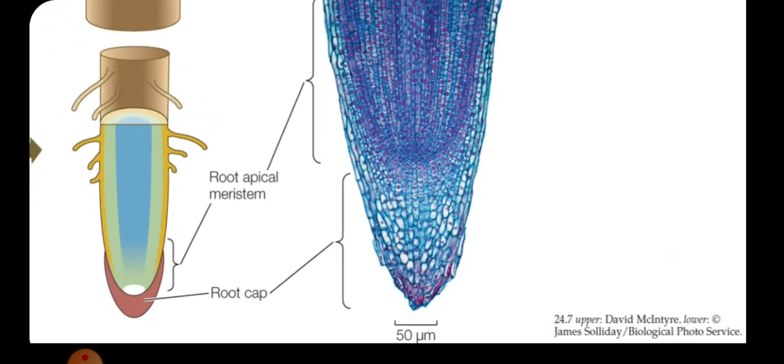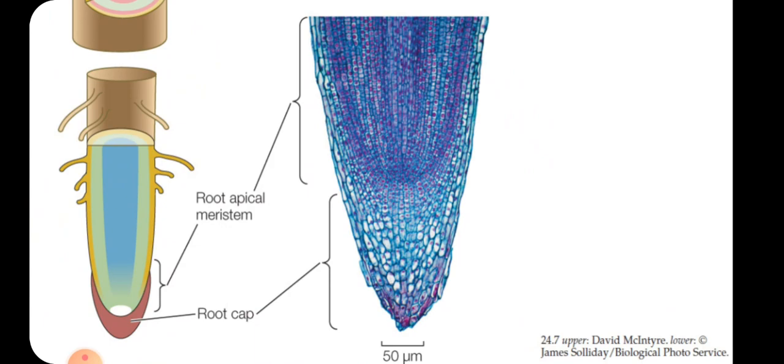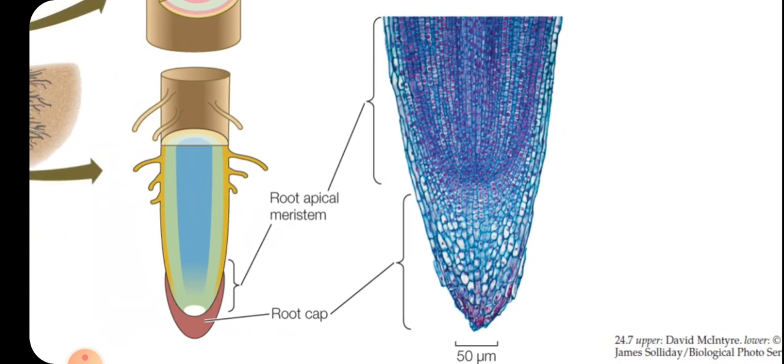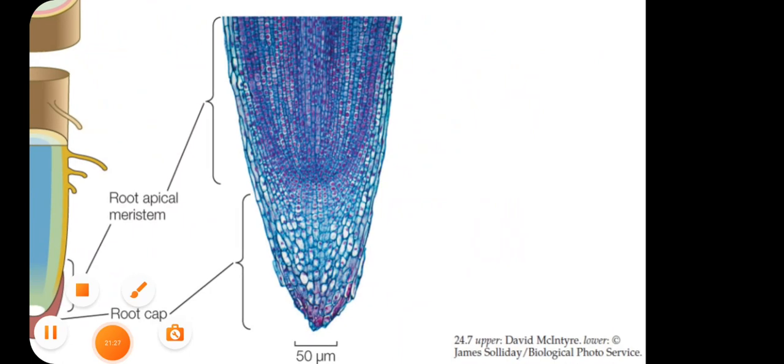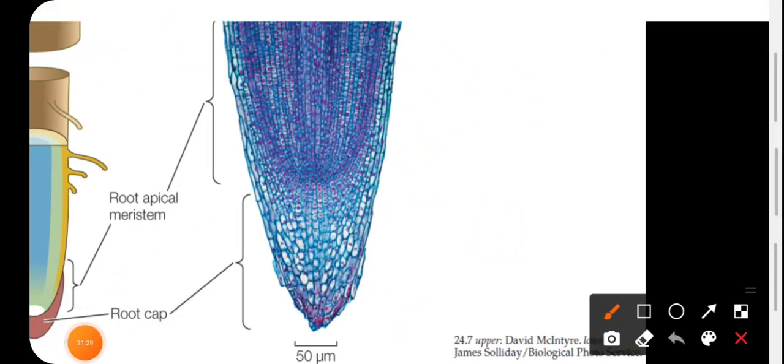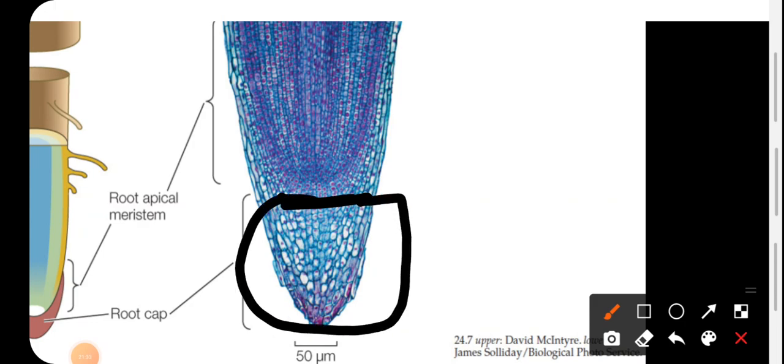So here you can see the apical region, or root tip. This is the root tip, and this root tip is covered by this root cap.